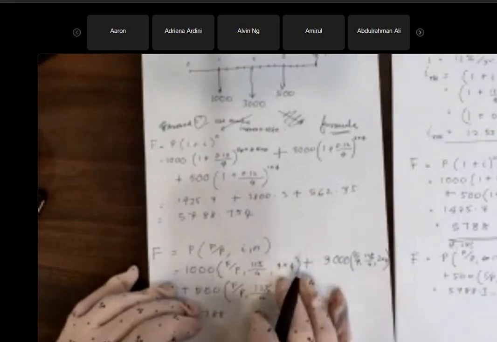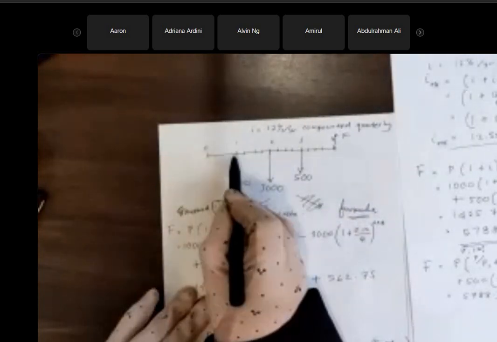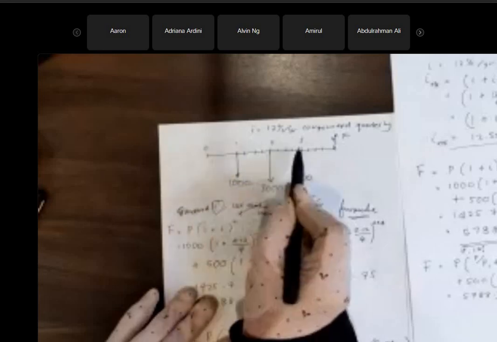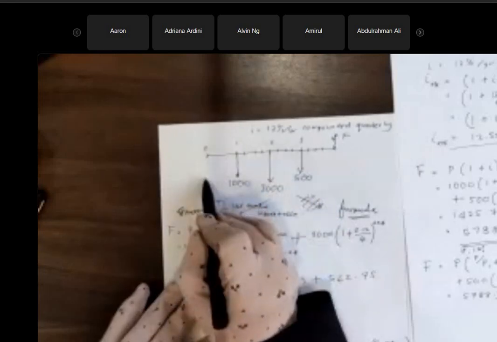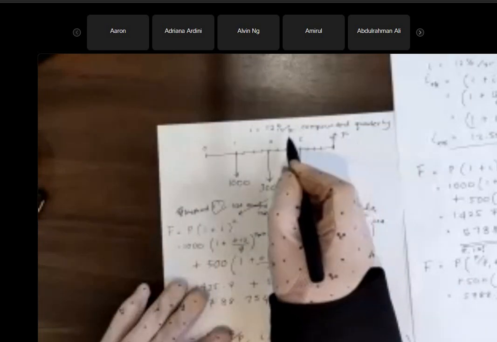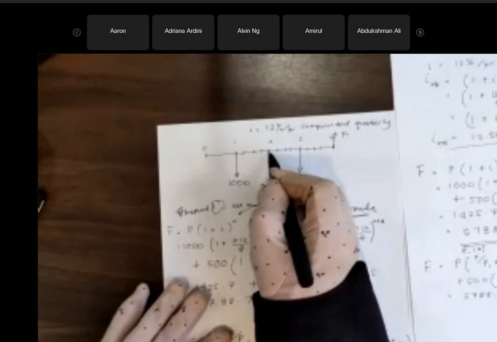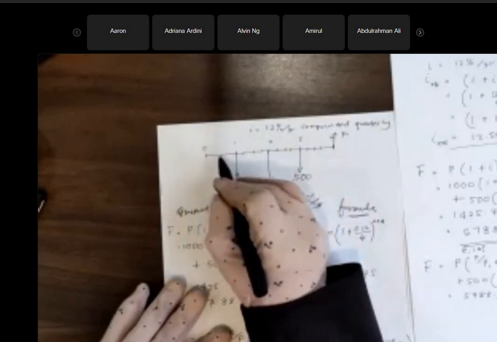Lagi satu, you have to alert. What we have mentioned just now, it is F tau. If we talk about P, ini ke sini, this one to here. And that means if P, so 500, dia punya time is 3 times 4. Yang ni 3,000, dia punya time is 2 times 4.